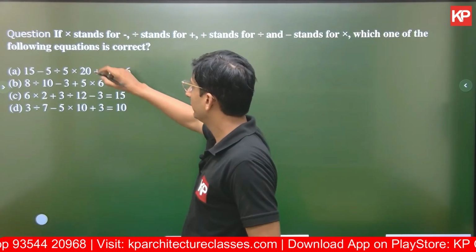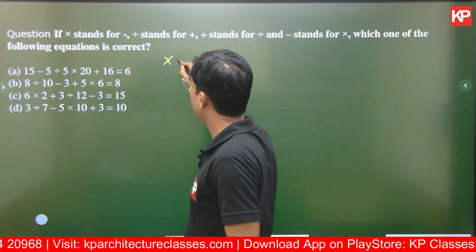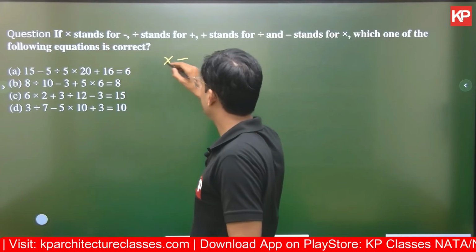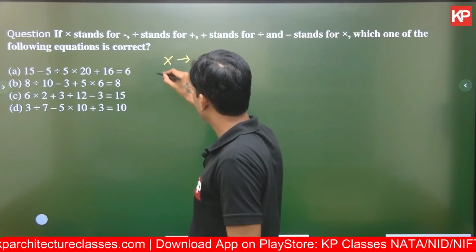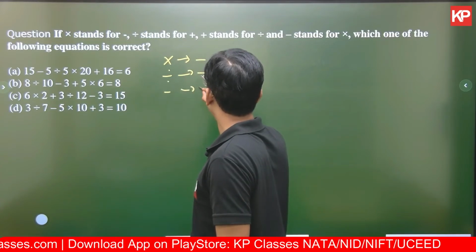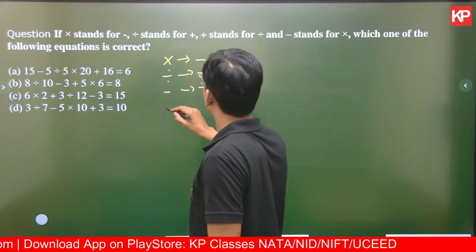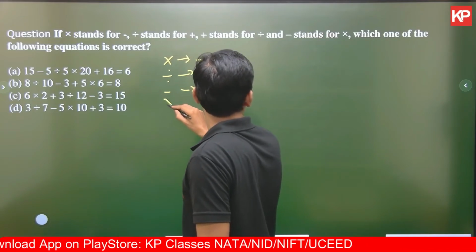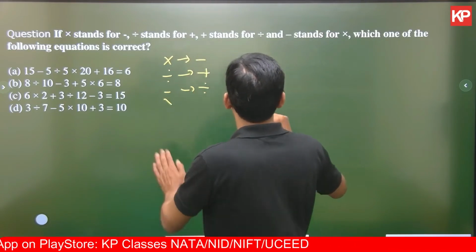So what is the replacement now? You have to replace multiply, because multiply stands for minus, divide stands for plus, plus stands for divide, and minus stands for multiply.